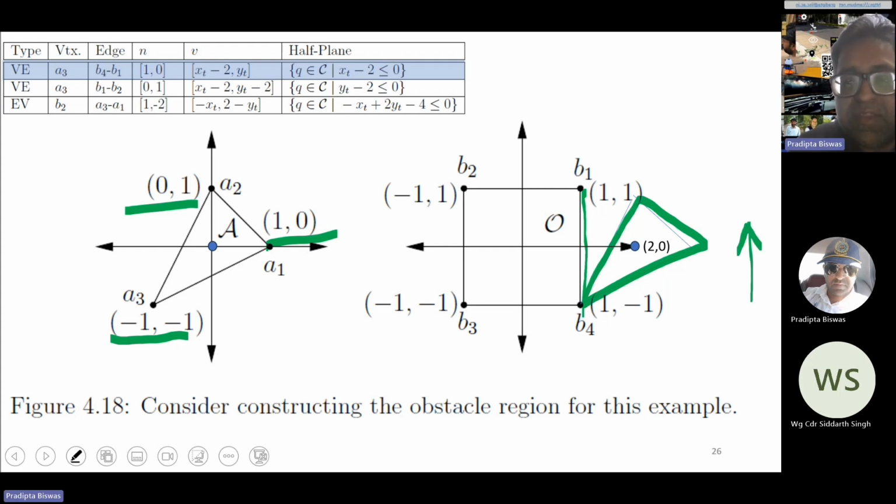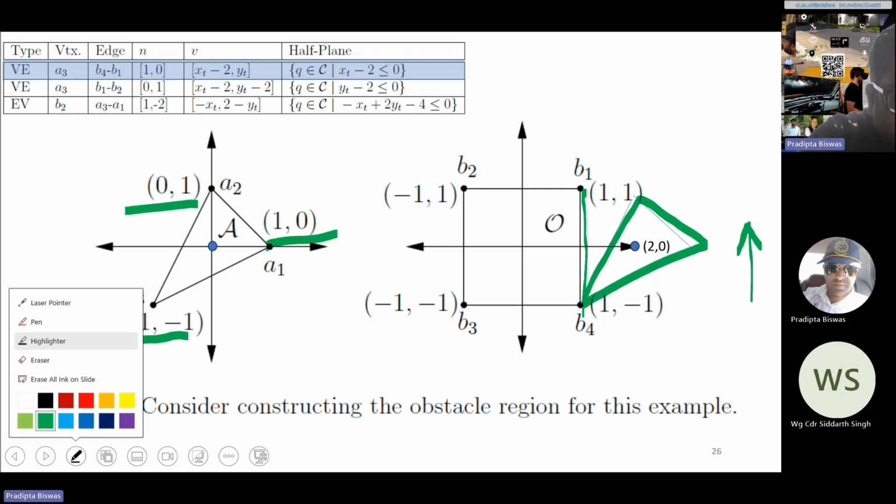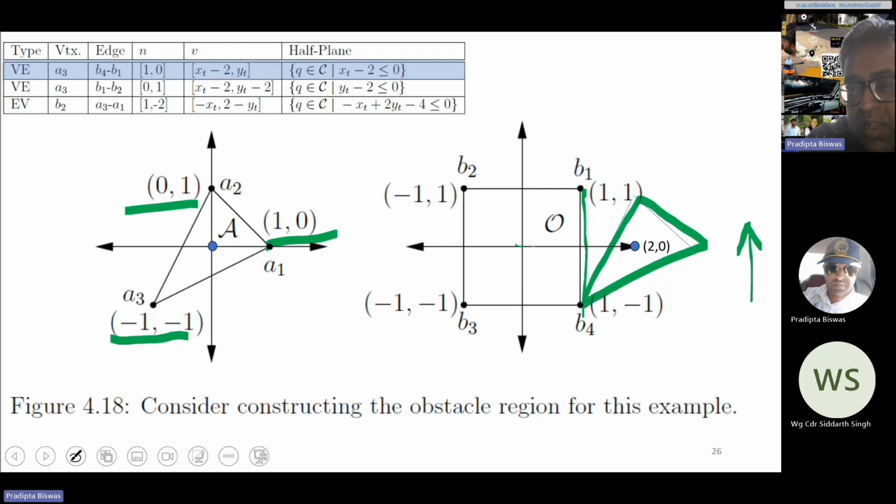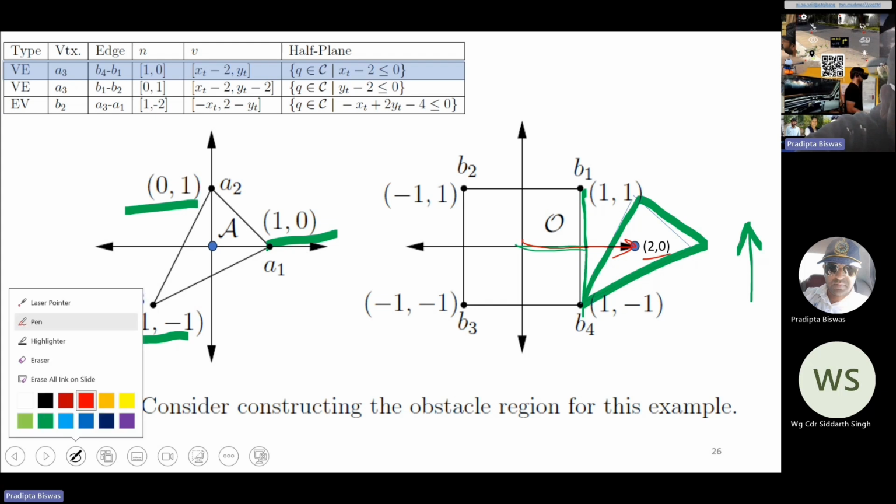Okay. What is the normal? So this is the normal. I will just use a defined color. So this is the A normal. And here the P is the center point. So why am I writing 2, 0 here? Because you just see the robot's position here.